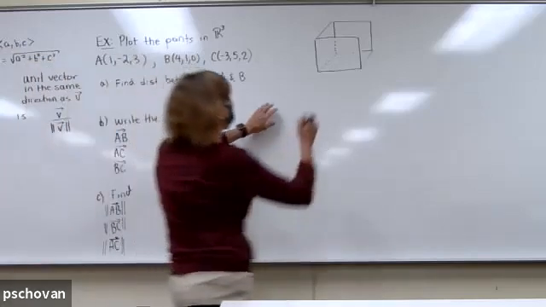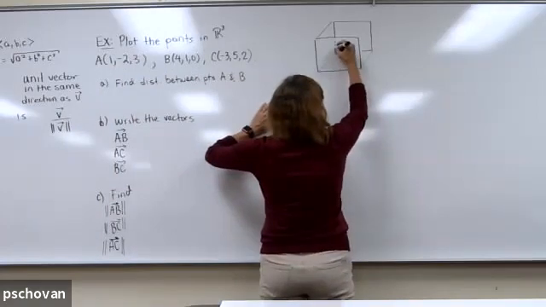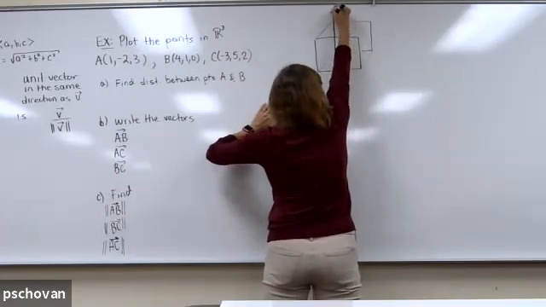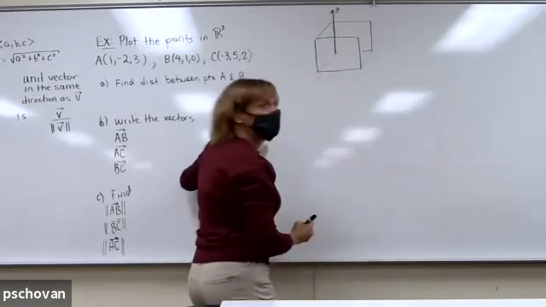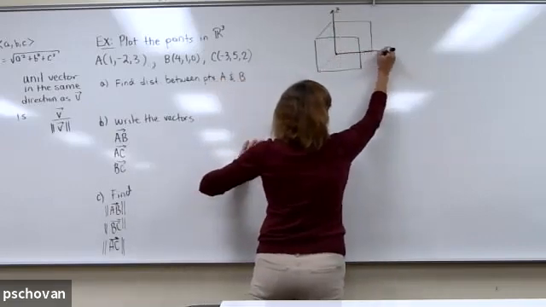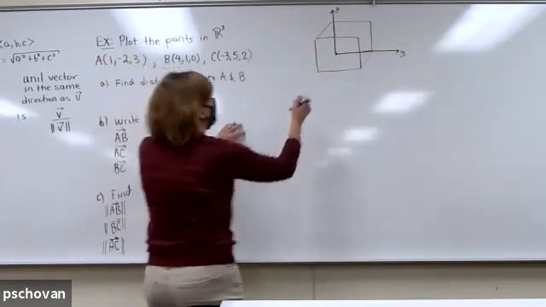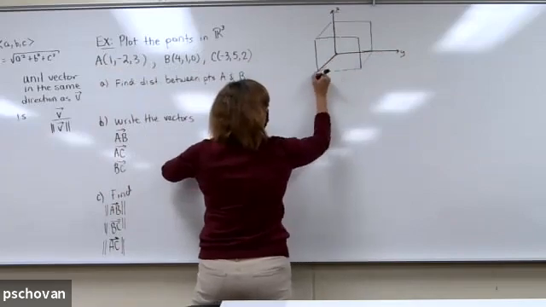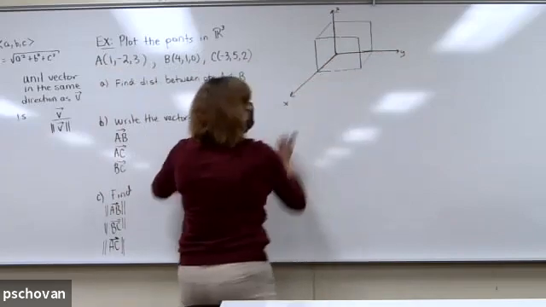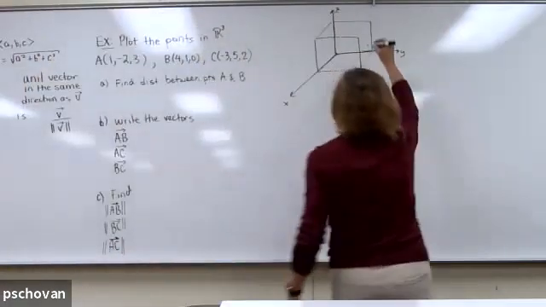I want you to think of this edge of the cube as being the z-axis coming up. Here's the origin. This is the positive y-axis. And now coming out of the board like this is the positive x-axis. That help you see more in 3D? I've got a missing edge on my cube.